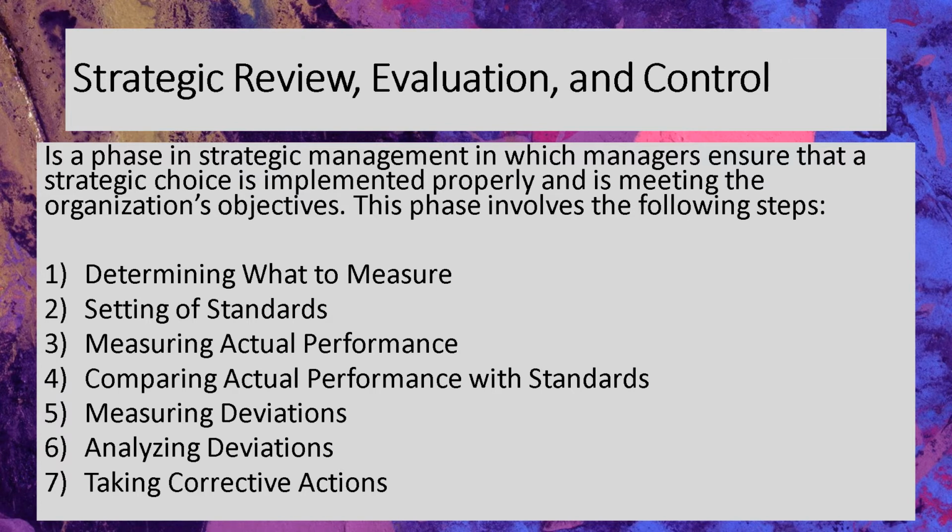Fifth is measuring deviations. A comparison of actual and targeted performance may reveal deviations. For instance, if actual sales volume is 10,000 units against a target of 12,000 units, a deviation of 2,000 units exists. If the actual performance is within the desired tolerance range, the evaluation is stopped.